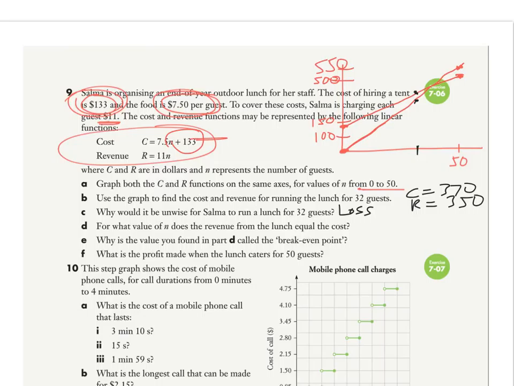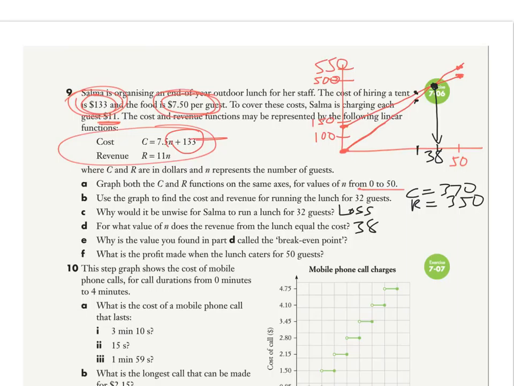Now, for what value of n does the revenue from the lunch equal the costs? Okay, so what is that point there? Now, in a graph, it'd be much easier to see, but it's 38. Why is that called a break even?